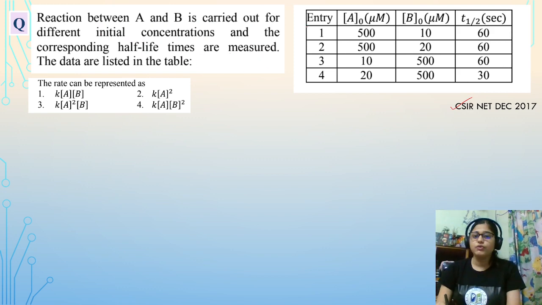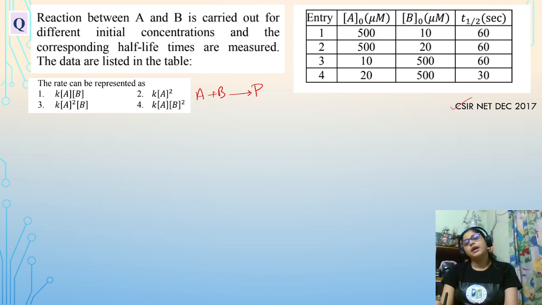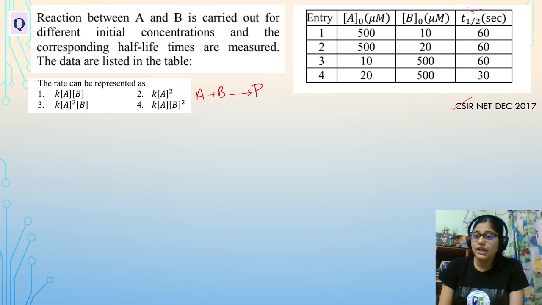Data is given. So a reaction is happening with A plus B giving product. Here A0, the initial concentration of A, is given at various concentrations. B0 is also given, and 4 entries are there, with the corresponding T half values.